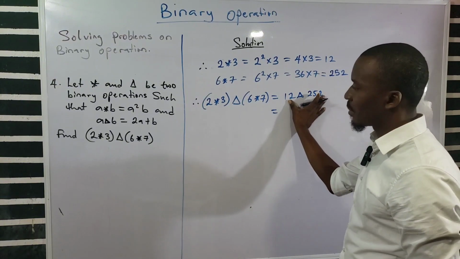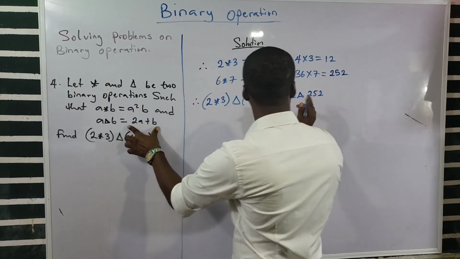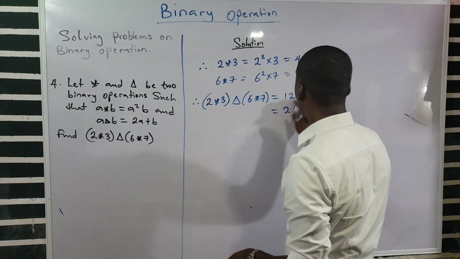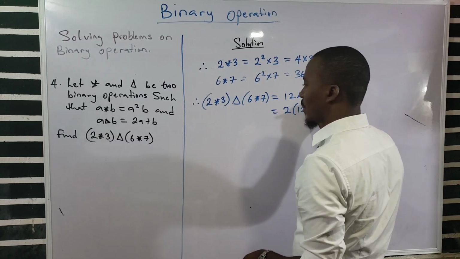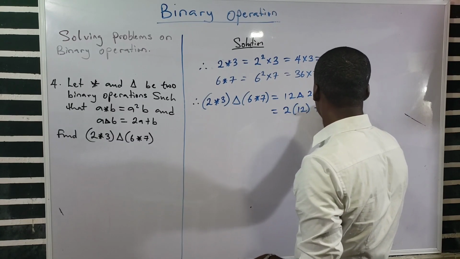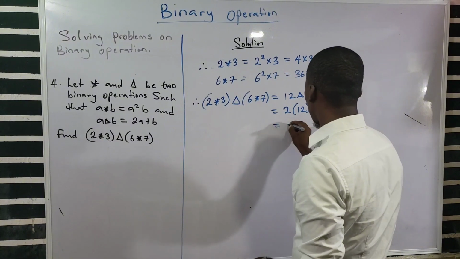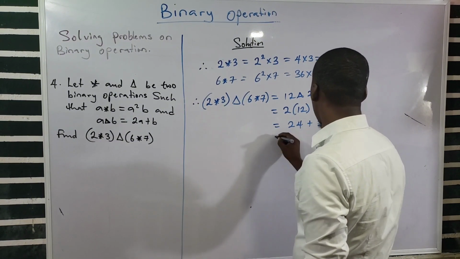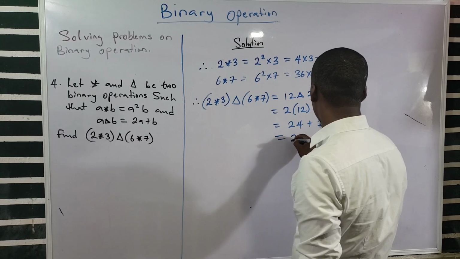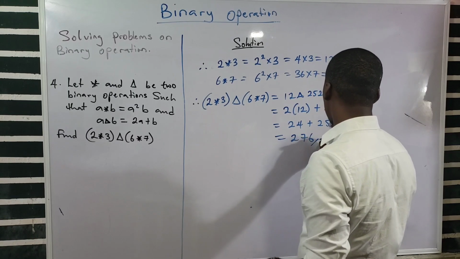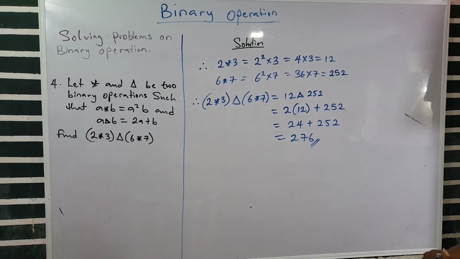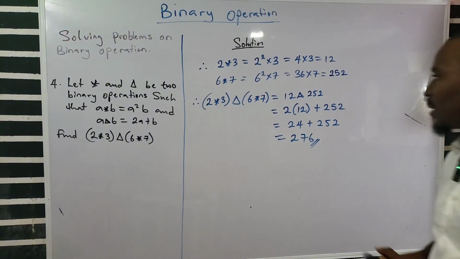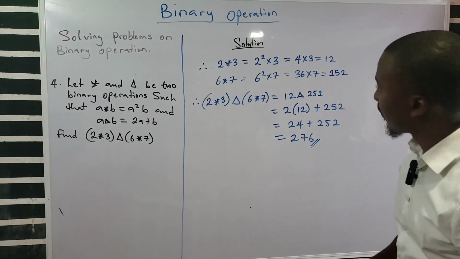So obeying this rule of combination, that will give us 2 times the first term plus the second term. So that will give us 24 plus 252. So that will give us 276. So you can see it's still the same thing that we have been doing. That's how we have gotten our answer.